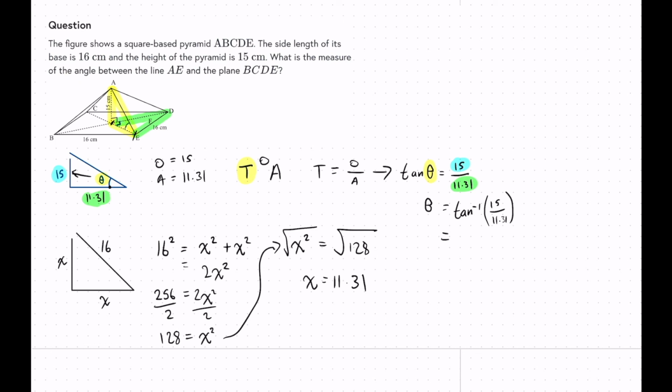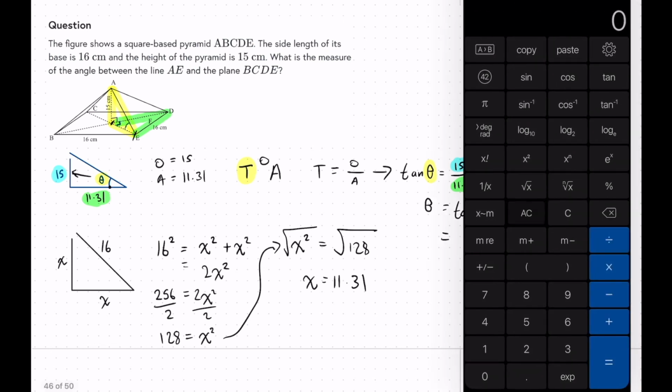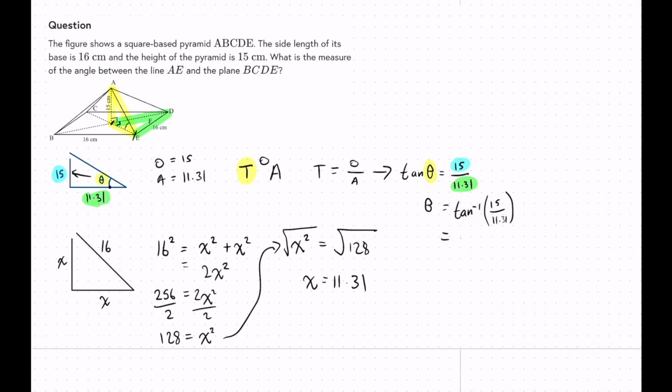Now we're going to have to use the calculator here. So 15 over 11.31, and then tan inverse of this figure gives 52.98. We're going to leave it as is. So what's the angle between here? The angle is 52.98 degrees.